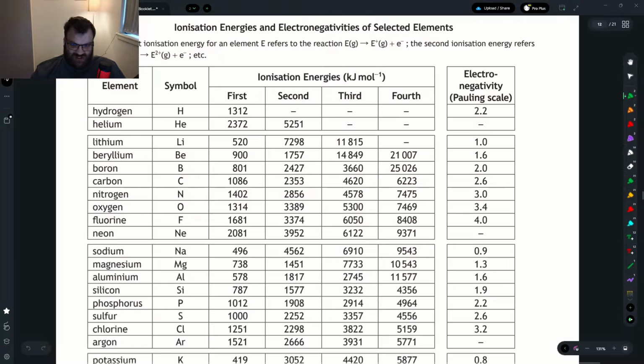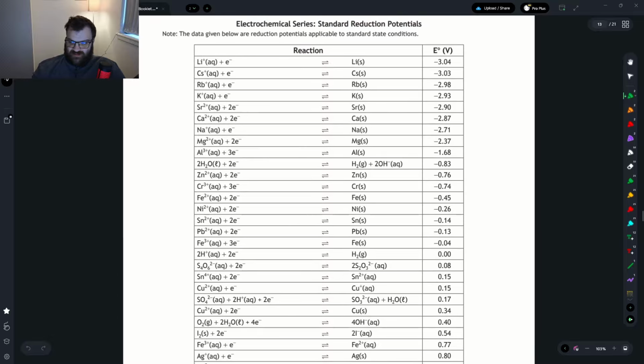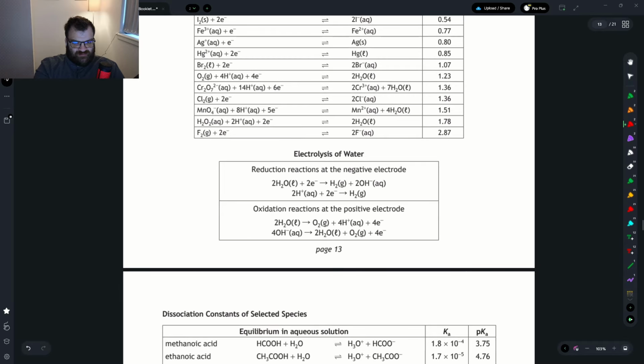A quick jumpy way is where we can use page 13. At the top right, that's where your reducing agents are, and the bottom left are where our oxidizing agents are.